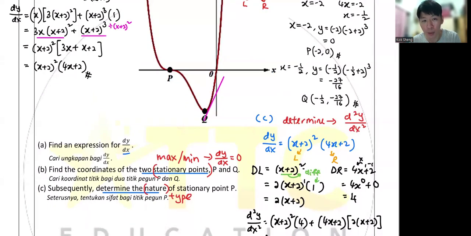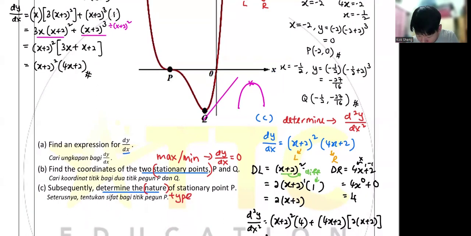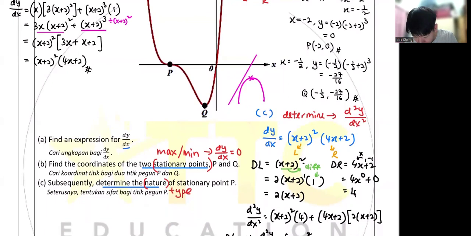For maximum point it will be opposite. Okay, I draw here. For maximum point, can see from here, slowly turn all the way to maximum point, become straight, and then slowly continue all the way here.